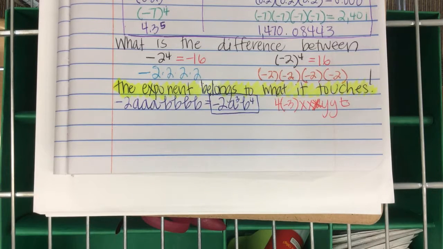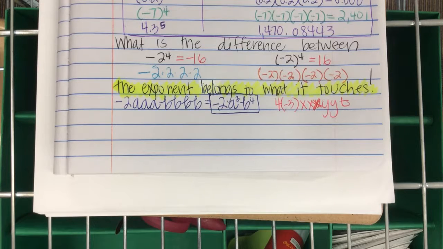Negative 4, negative 3, x, x, x, y, y, t. How can you rewrite that using exponents?